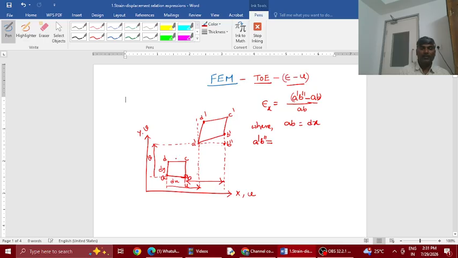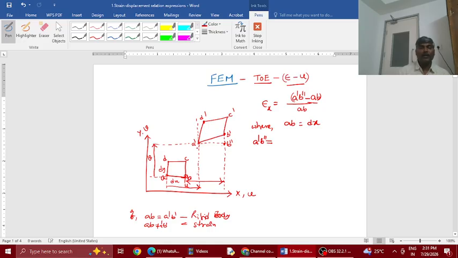If AB is equal to A dash B dash, we say it is rigid body deformation, right? But as we talk about deformations, it is not equal to A dash B dash, which means there is strain in the body. So A dash B double dash is not equal to AB.